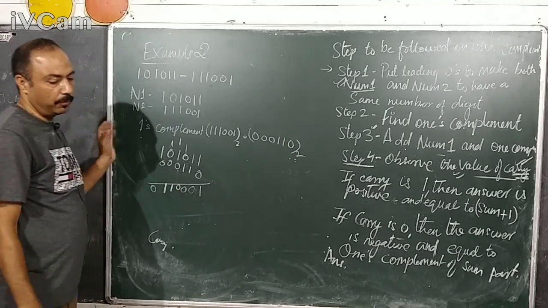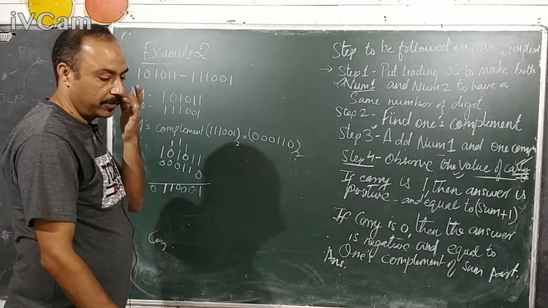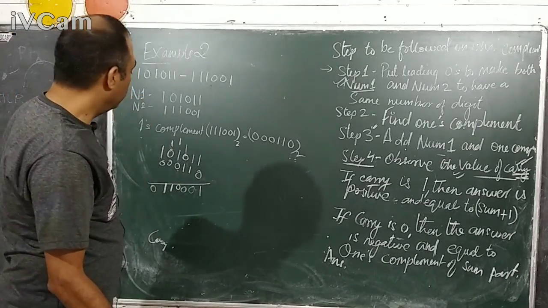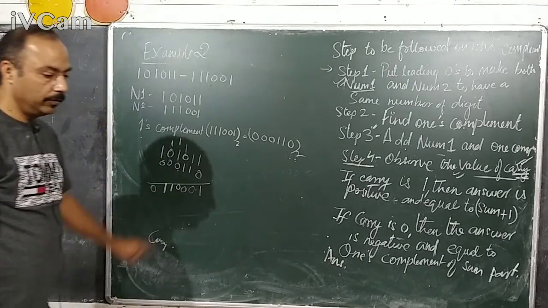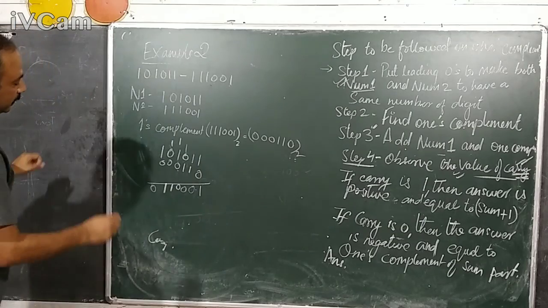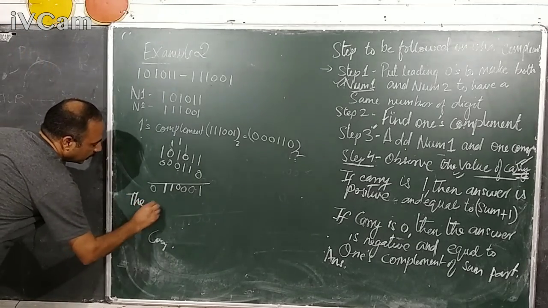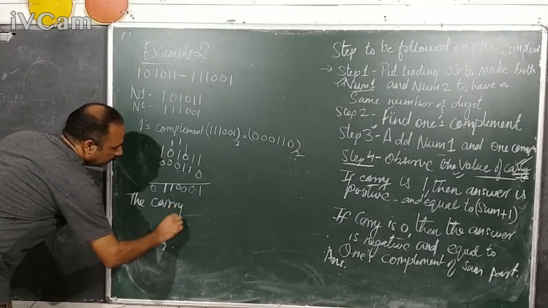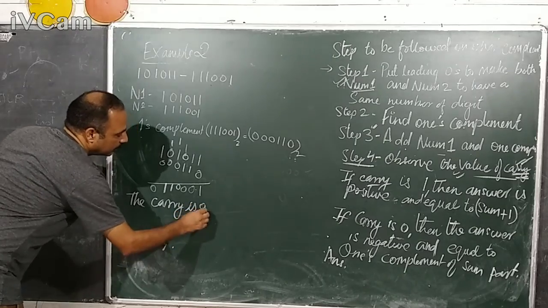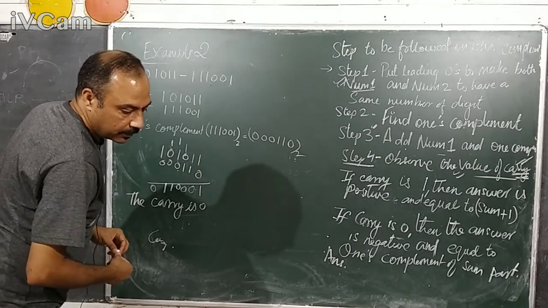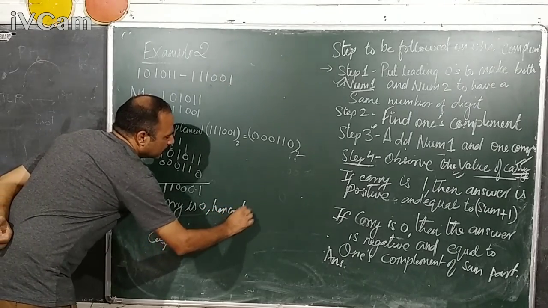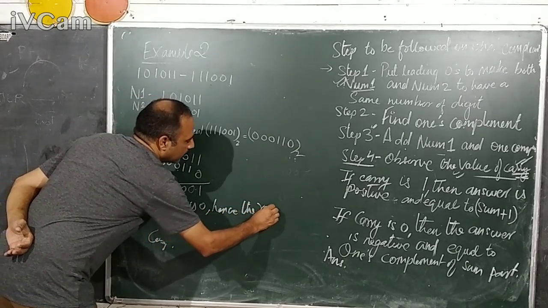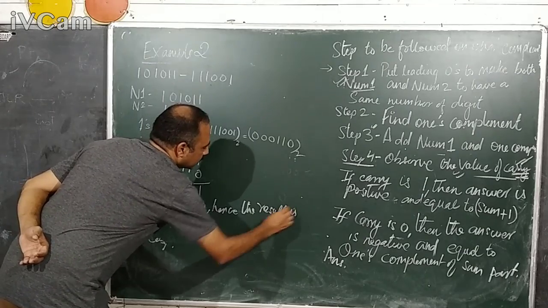Now, what is the 1 complement of the sum part? So we just have to take the complement of whatever had come. Okay. So we have to write: the carry is 0, so hence the result is negative.